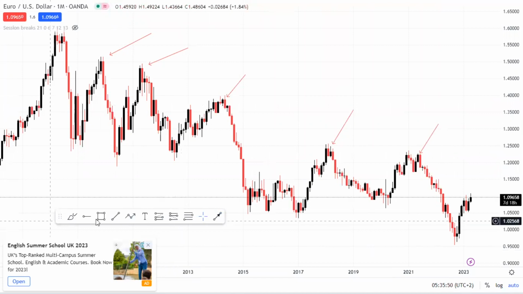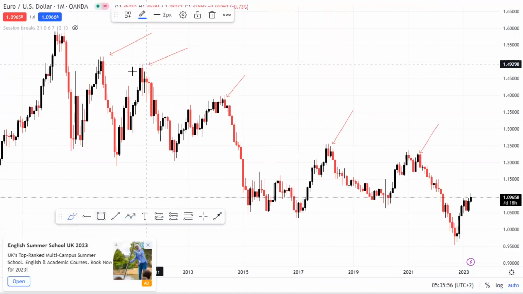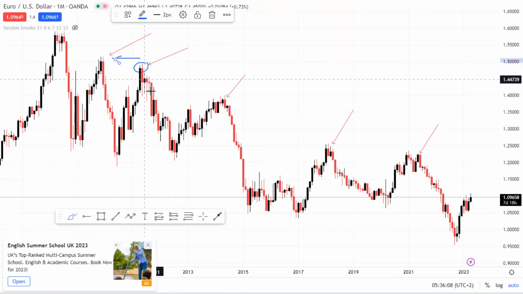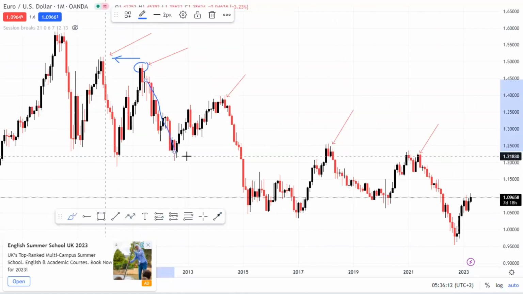So yes, this here is a lower high compared to this previously printed high. But this impulsive move lower did not result in any key structural break.